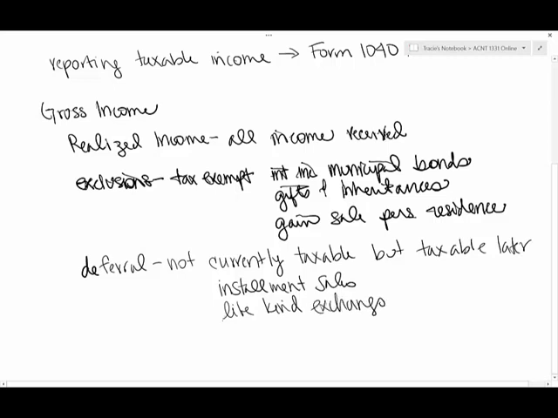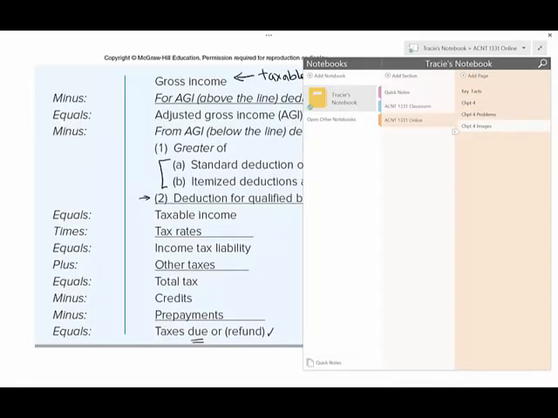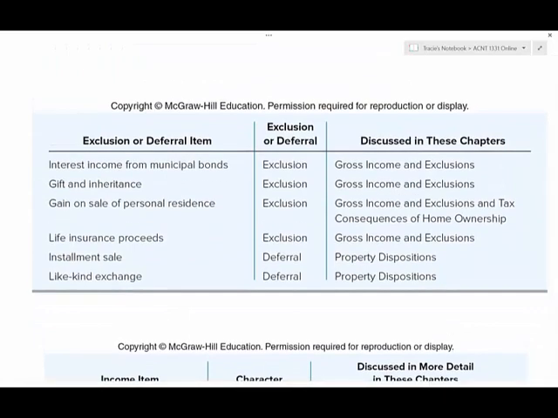In the textbook, they include a really nice exhibit that shows you the different kinds of exclusion or deferral items. So you can see here are the first three that I talked about. Interest income from municipal bonds are excluded. Gifts and inheritances that are received by a taxpayer are excluded.